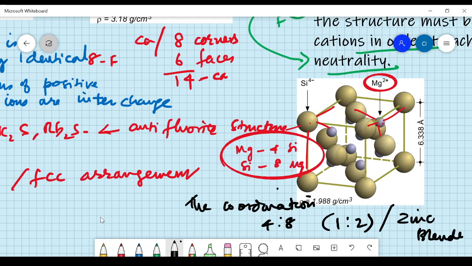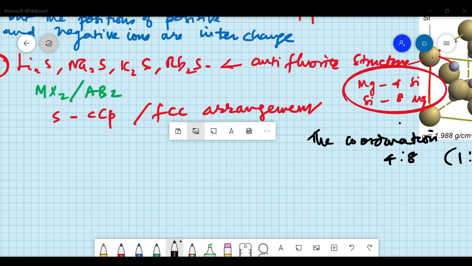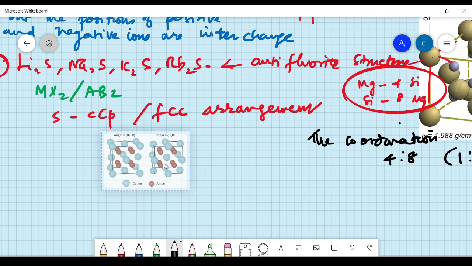I think I can just put up the anti-fluorite structure again. If I have a picture of the anti-fluorite structure and the fluorite structure combined, that will be the best thing to visualize. This I think I have already imported. This you have to draw.